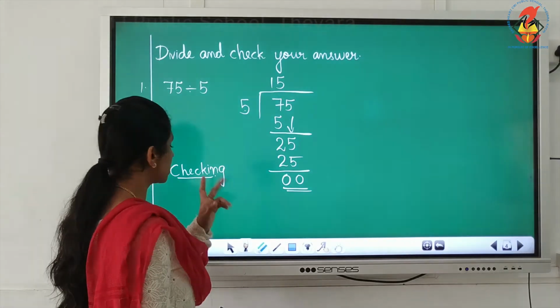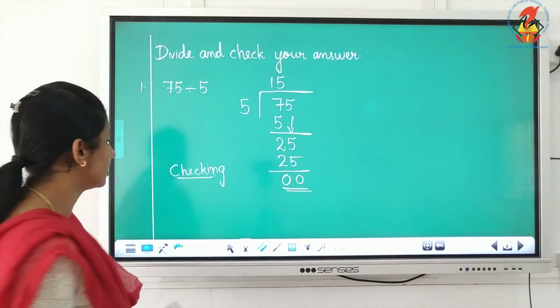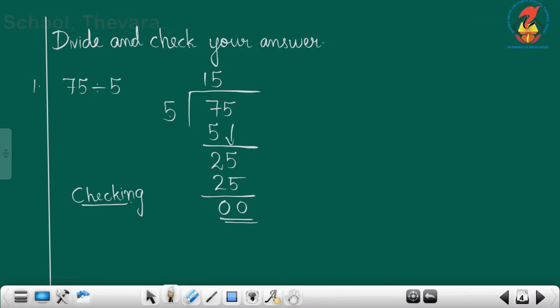So next is checking. There is one equation for checking. You should copy that. After the division, you should write down the checking.